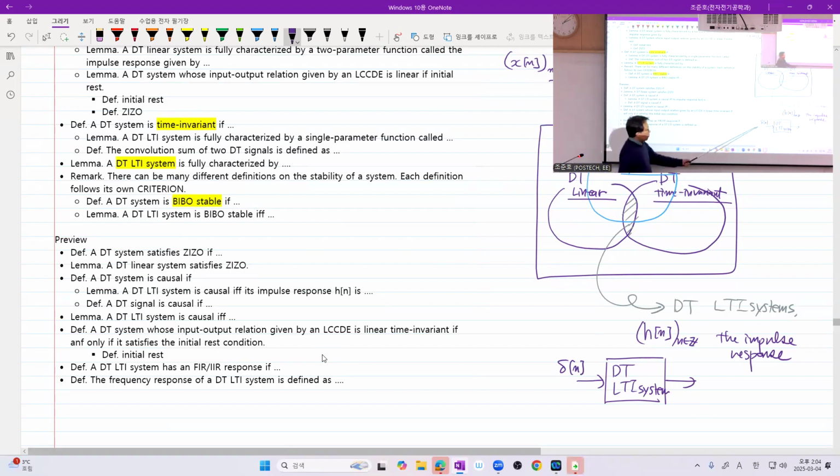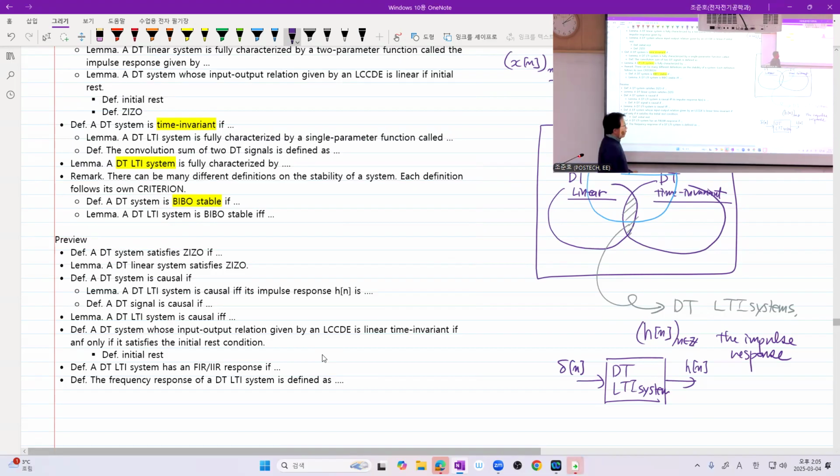So you apply 0, 0, 0, 0, 0, 1, 0, 0, 0, 0, 0, and this location is your time origin. Then this LTI system will generate a sequence. That sequence, viewed as a discrete time signal, is what? The impulse response. Got it?